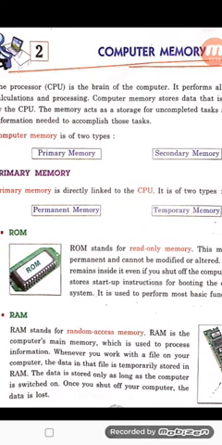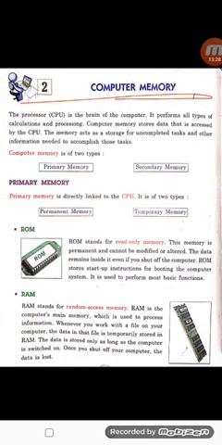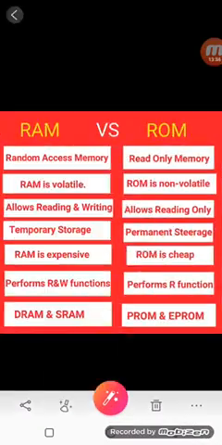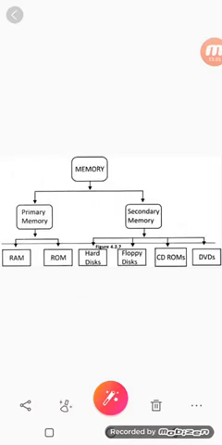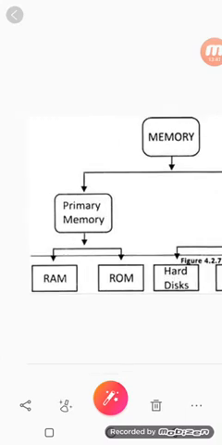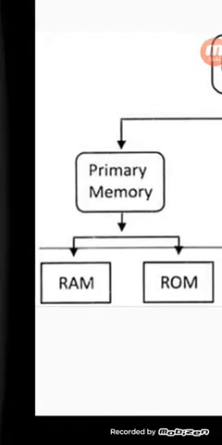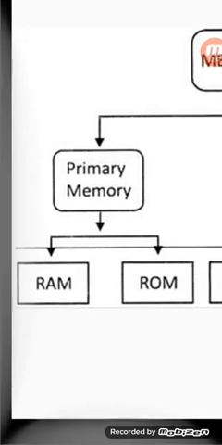Now you have to read this chapter carefully. You should know the difference between ROM and RAM. I already told you. I will send you this chart to understand. We have to study today only this: primary memory, RAM, ROM.